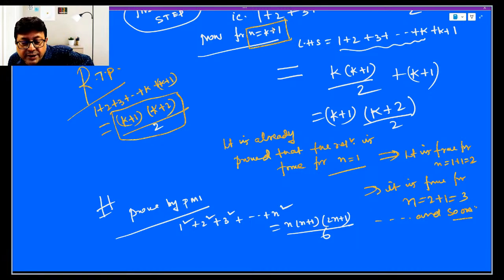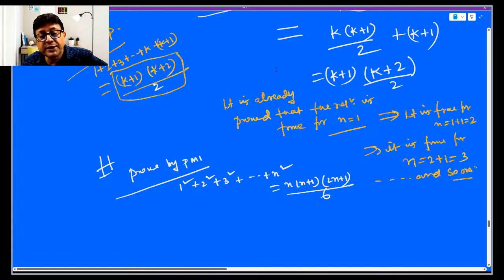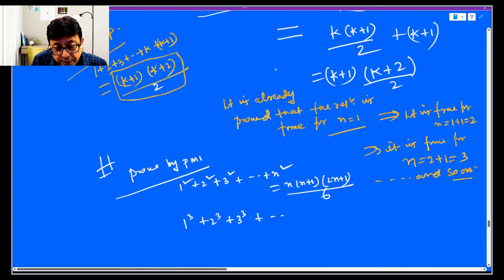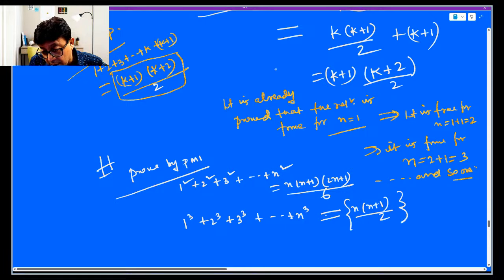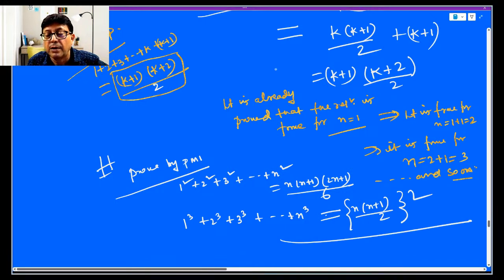Okay, just try it at home. Similarly, for the sum of the cubes, 1 cube, 2 cube, 3 cube, it is n into n plus 1 by 2 whole square. This you must try.